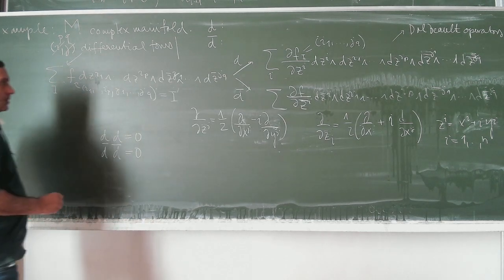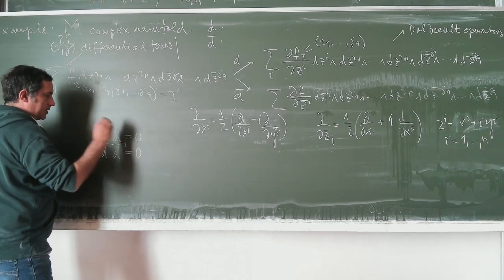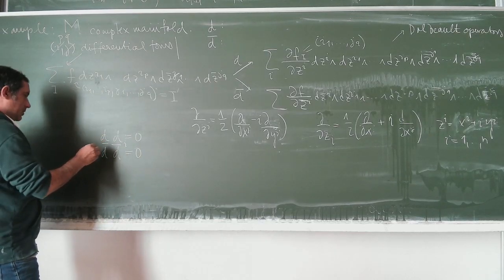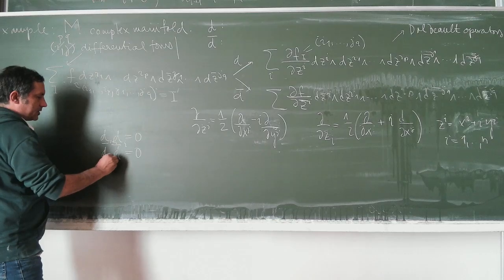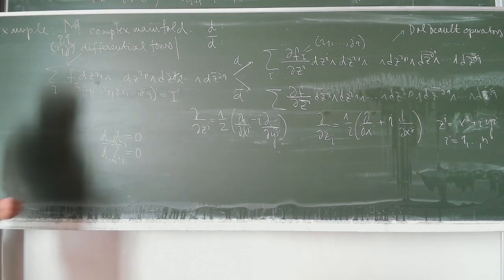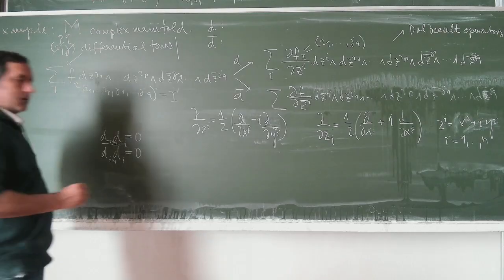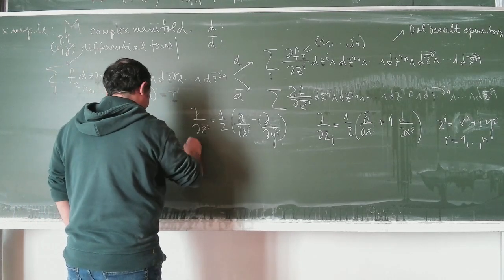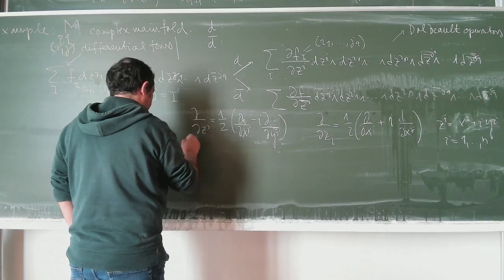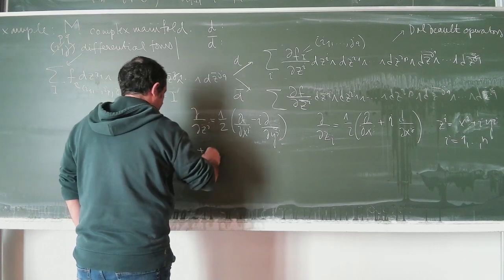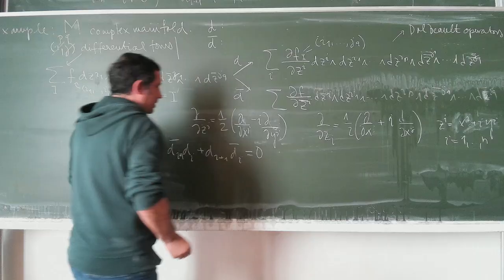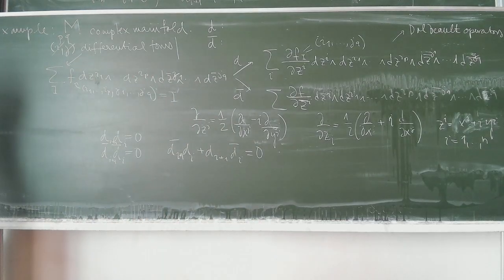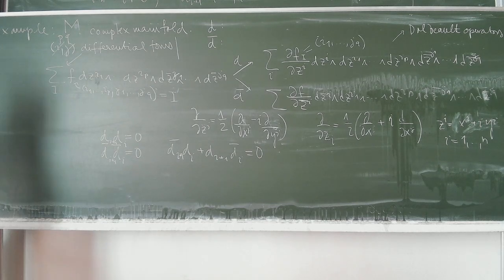We can denote them, when they act on i-forms, by d_i. So that's actually this. We have also this formula, which makes the space of (p,q)-forms a bicomplex.